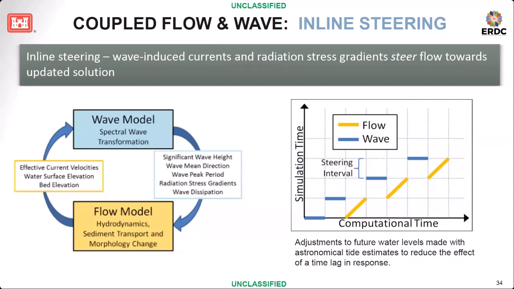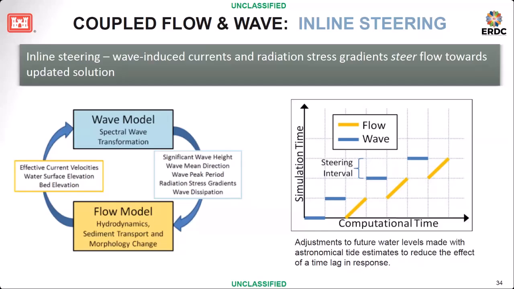We've run CMS Flow. We've, in theory, run CMS Wave. Now you are probably thinking, well, how do I do these at the same time? I obviously want to include wave radiation stresses and mean momentum fluxes in the flow simulation. And we know that flow speeds and directions can influence your waves. So to do this, we couple them through the process called inline steering.